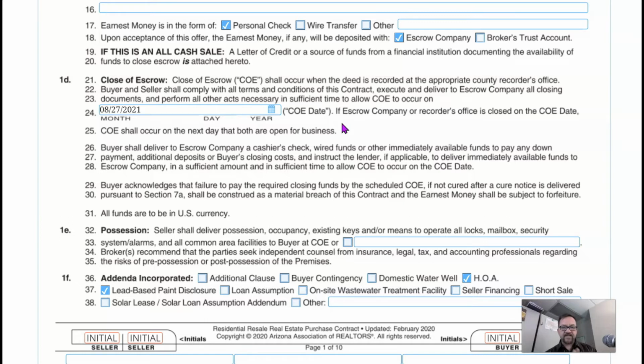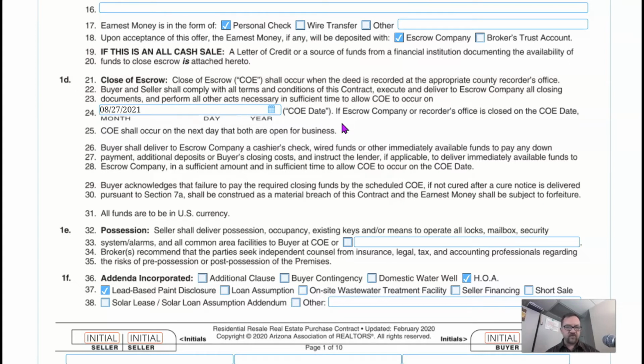And because everything has to happen on that date, our next lines 26 through 28 call out a couple of things that the buyer is responsible for doing. Right? The buyer needs to deliver the money to the escrow company so escrow can close and fund. That includes the loan amount coming in from the lender, and that includes their own personal money that they need to make available. There's also, later on, we'll see, they have to have documents signed by a certain time before close of escrow.